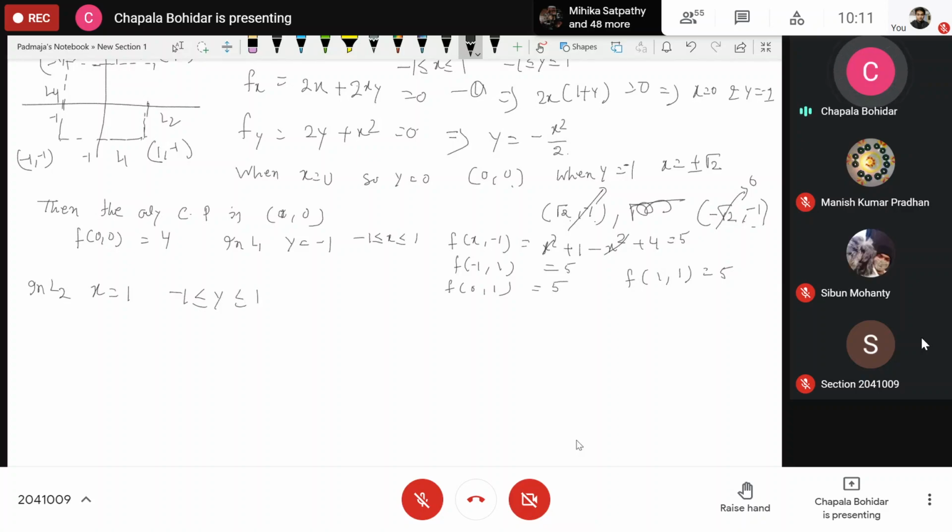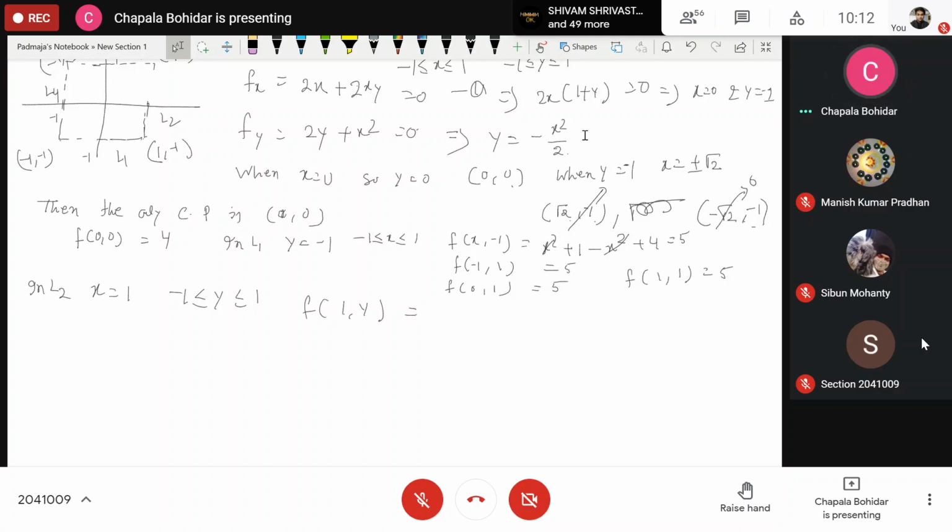So f of x, y is equal to... what is the question? x square plus y square plus x square y plus 4.